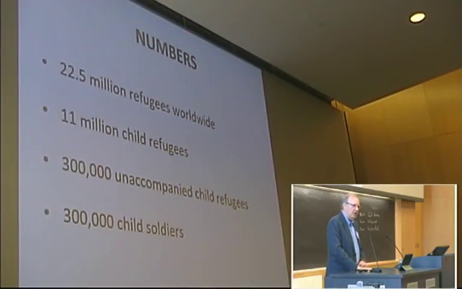In addition, and now you see the numbers on the screen, there are also 300,000 children who were child soldiers. And that is the group I'd like to address. Because with child soldiers, by the way, the numbers are not the same. Most child soldiers do not make it to refugee camps, let alone make it to Canada or Europe or North America, because child soldiers tend to be a very disadvantaged group. They tend to be shunned by their own people.